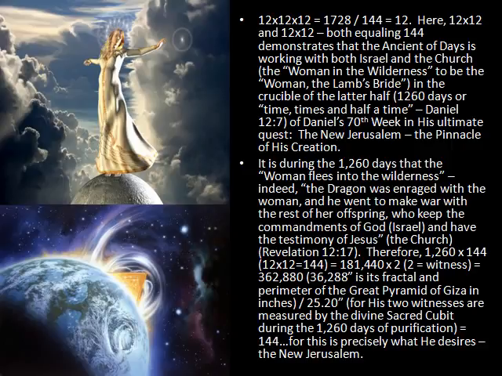Therefore, the 1,260 times the 144, that is, the 12 times 12 is equal to 144, is equal to 181,440, times 2, that is, the two witnesses, is equal to 362,880, or the 36,288 inches, which is a fractal of the 362,880, and the perimeter of the Great Pyramid of Giza in inches, divided by the measurement of the sacred cubit of 25.20 inches, for his two witnesses are measured by the divine sacred cubit during the 1,260 days of purification.